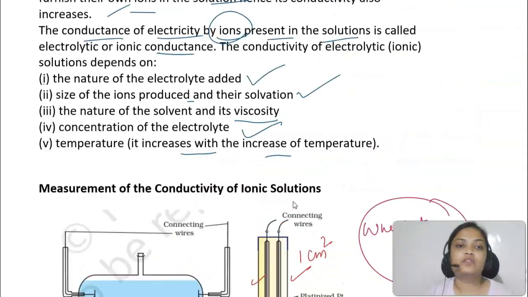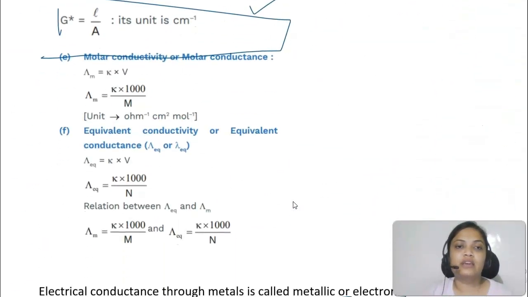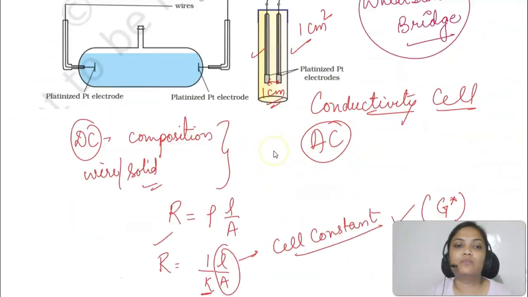That is what was written here in this case for molar conductivity: kappa into volume. You can say volume is like nothing but the concentration. So that is the molar conductance.